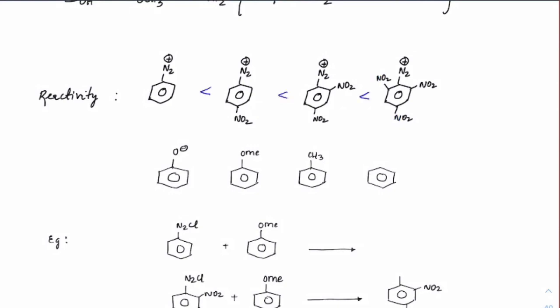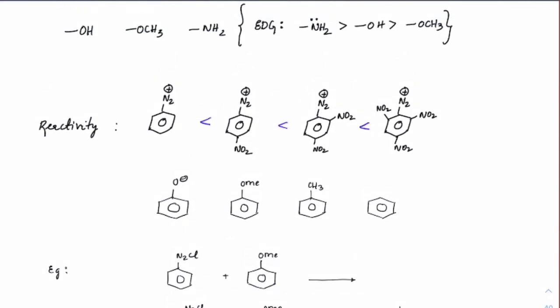So this is the electrophilicity order. In the same way, for nucleophilicity of these four groups, O minus will be strongly donating as compared to OMe, then CH3 and benzene. So this would have very high reactivity with diazonium salts.